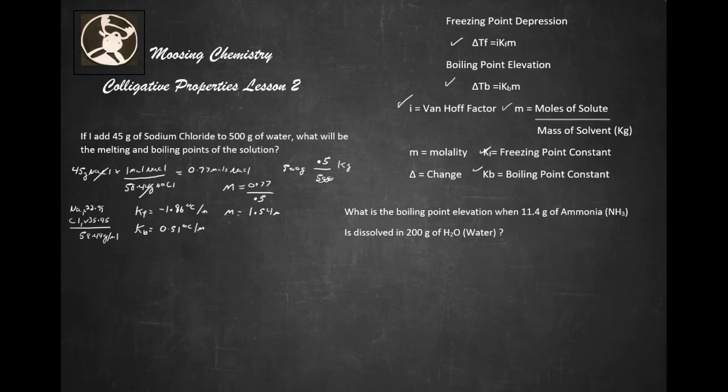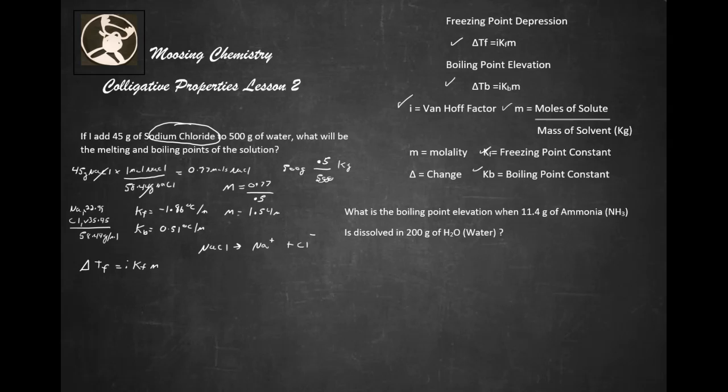Now we are ready to do the problems, finally. So we go delta TF equals i Kf m. All right, so let's do that one first. Ooh, look, we have one more thing to think about. This is sodium chloride, right? That's NaCl. NaCl is going to break down into Na ions and chlorine ions, right?